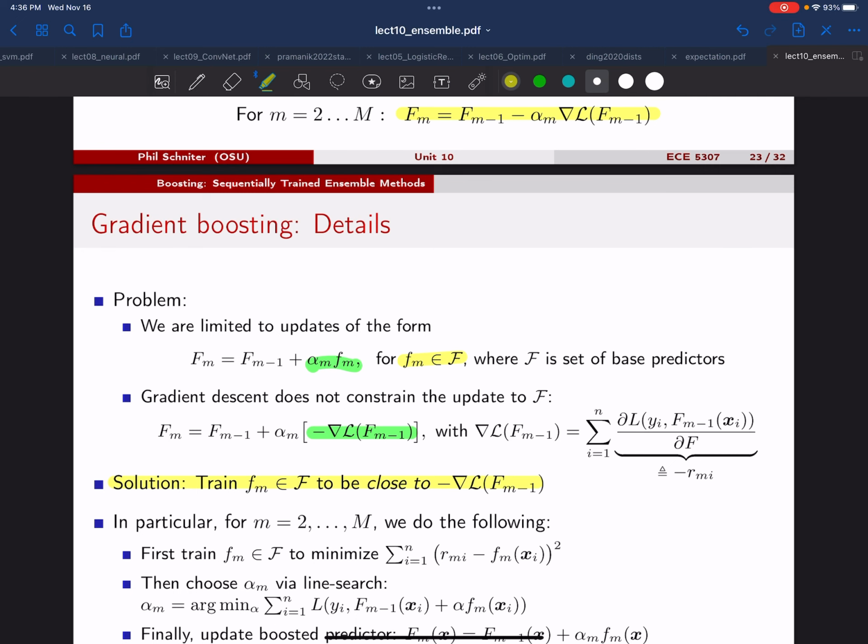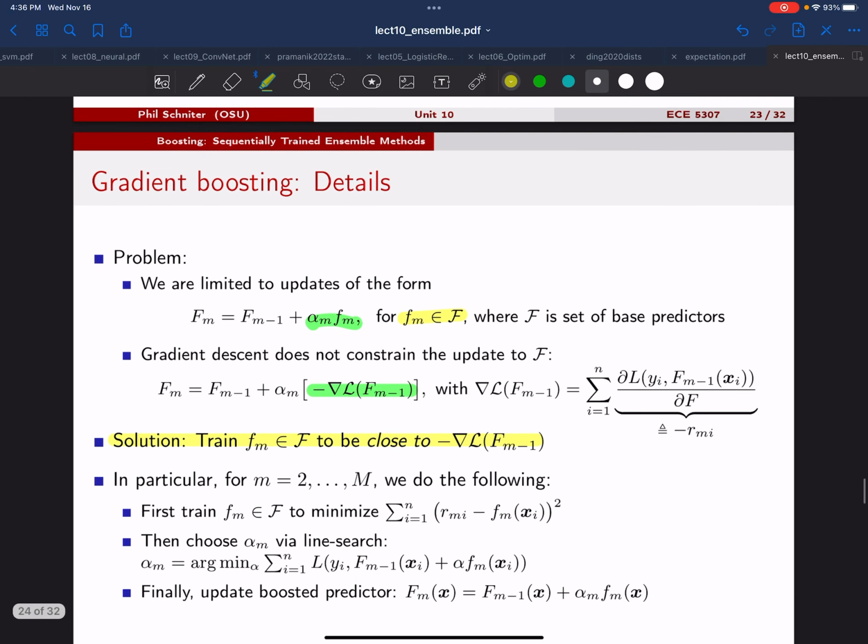Okay, so now we can understand exactly what we're going to do. And just notation-wise, we're going to look at this gradient and realize that this is going to be a sum over our training samples of a gradient where we just look at the ith training sample. We're going to give that the name minus RMI. So I refers to the training sample, M refers to the stage of boosting we're at.